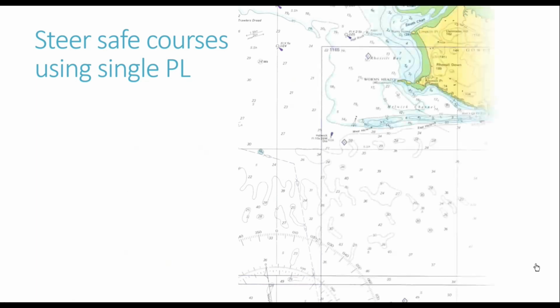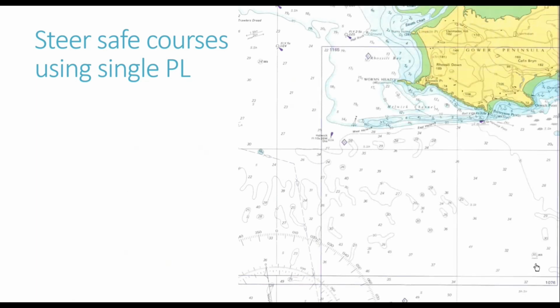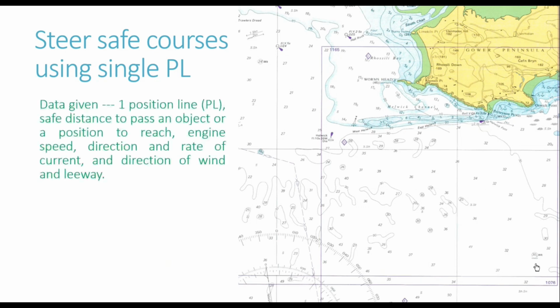Let's open up the chart now where we will be solving this kind of a problem. So you see a chart, you see a certain area. Let's first try to see what all data is provided to us in these questions. The question gives us one position line taken at a certain time.